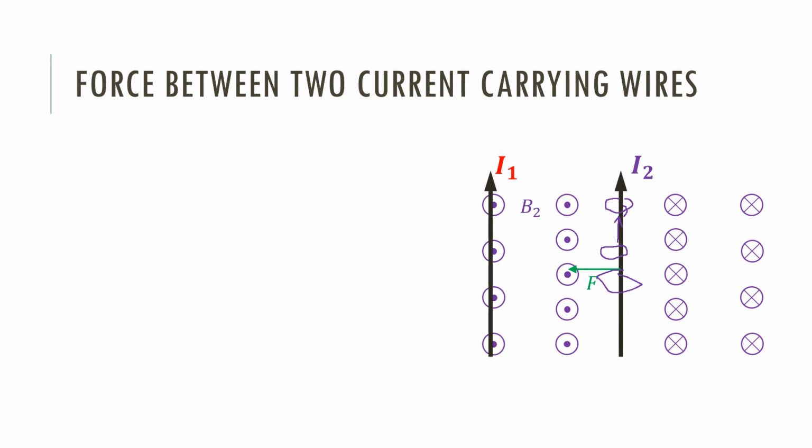The only difference is what this looks like to the first wire. Since the first wire is on the left side, when I do my right-hand rule number 1, to talk about these charges as they move through, I'm again going to have a velocity that's vertically up. So my index finger will again point towards the top of the page, except now the magnetic field from wire 2 at wire 1 is out of the page.